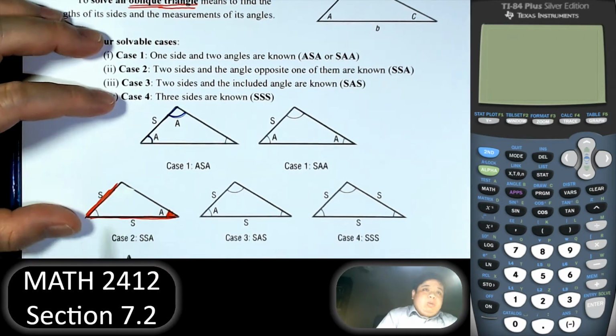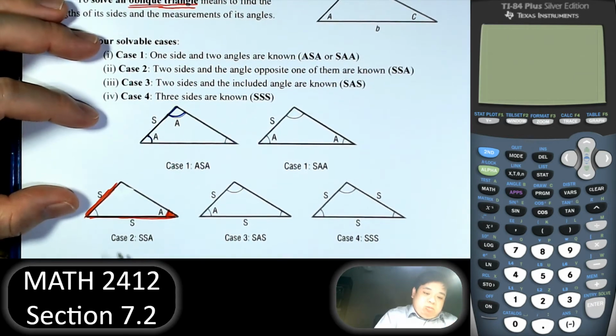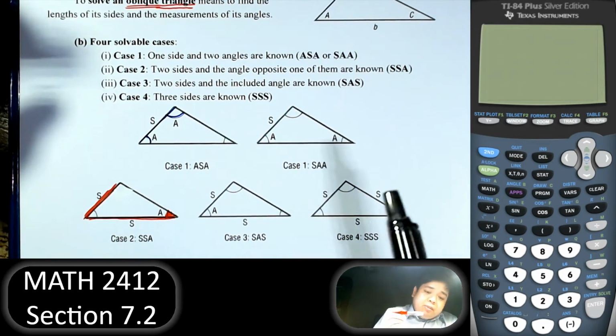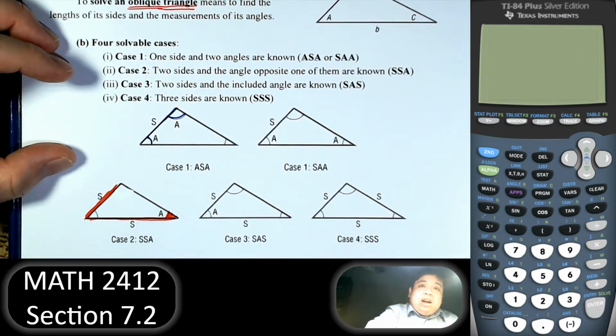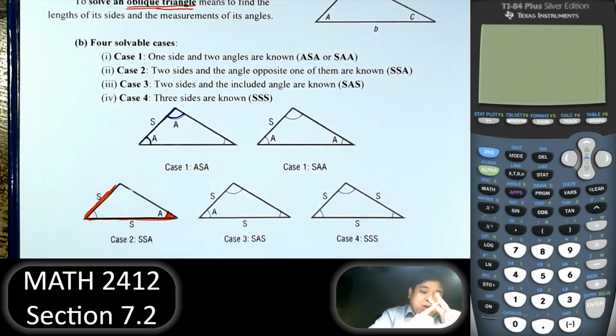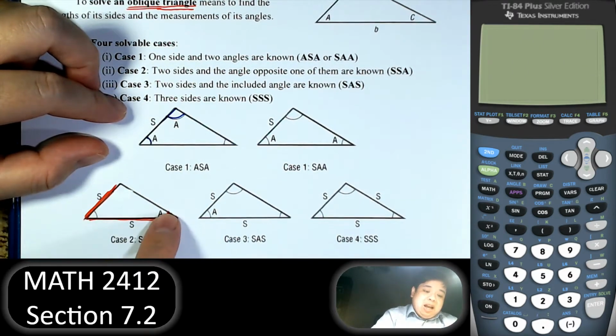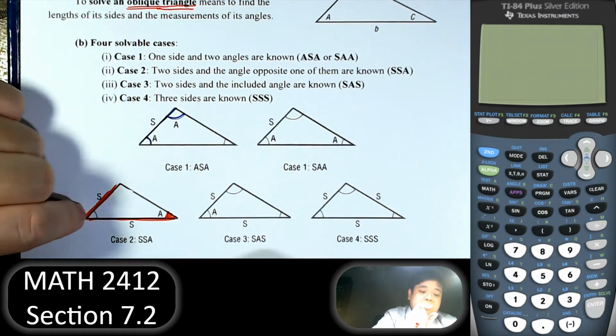Right, so watch out for these scenarios. First of all, don't say that backward. So the side, and the angle. And in this special case, we have two sides, one angle, but that angle is not in between the two sides. That angle is not in between. So this is a special case that we have to watch out for.